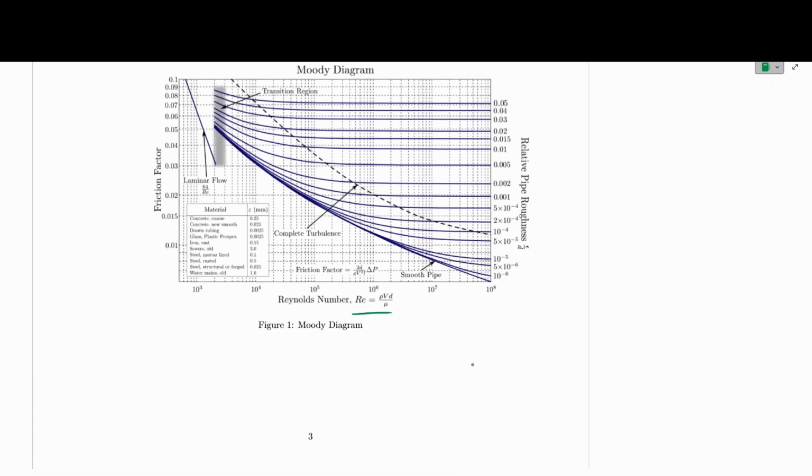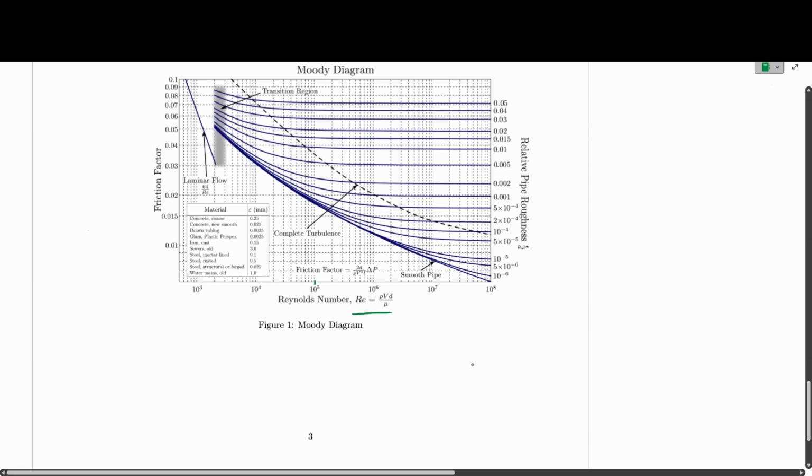This is a logarithmic scale. So this represents 1 times 10 to the 5, 2 times 10 to the 5, 3 times 10 to the 5, and so on up to 10 to the 6. Once we reach 10 to the 6, we now change our scale. This is 1 times 10 to the 6, 2 times 10 to the 6, 3 times 10 to the 6, and so on. This is 1 times 10 to the 7, 2 times 10 to the 7, 3 times 10 to the 7, and so the pattern is repeated.